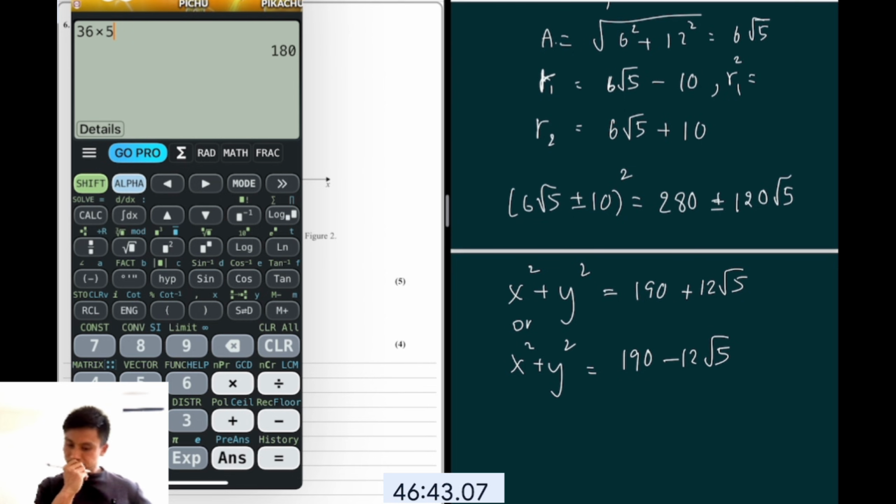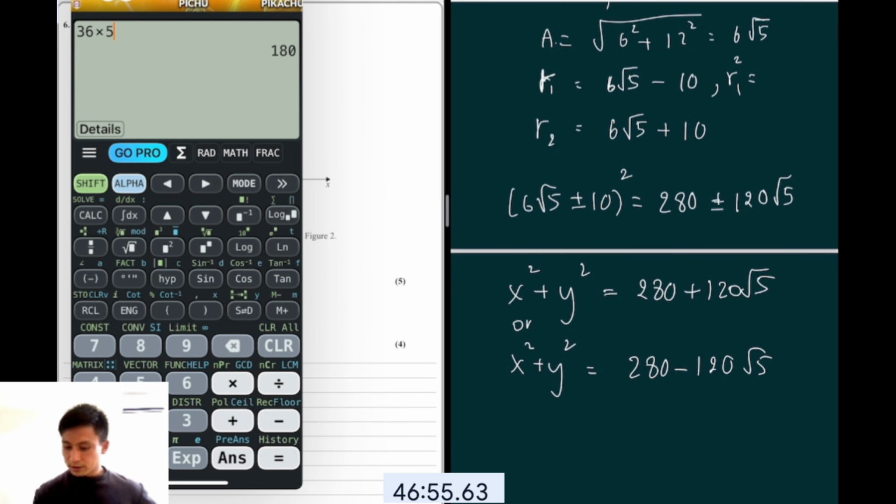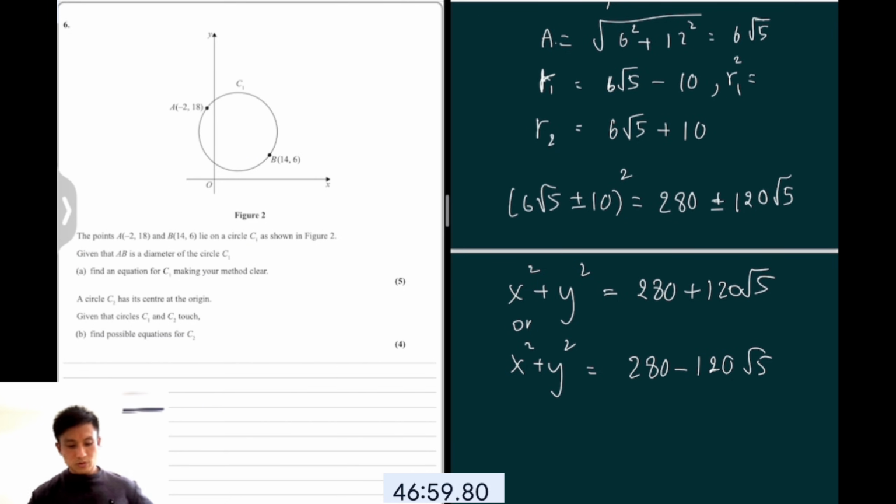Yep. Just checking. And then we put that correspondingly. So 280 plus 120 root 5, or 280 minus that. That's it. That makes sense. Okay, so the 2 equations are found.